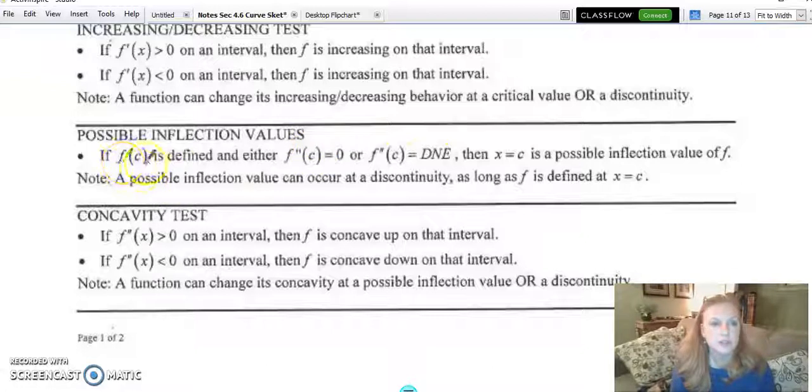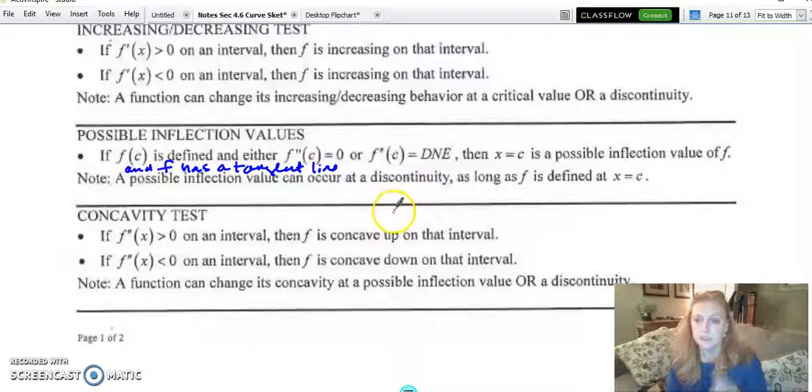And I do want you to say also here, and f has a tangent line, because it can be a vertical tangent line and still be a point of inflection. You just can't be a cusp and a point of inflection.